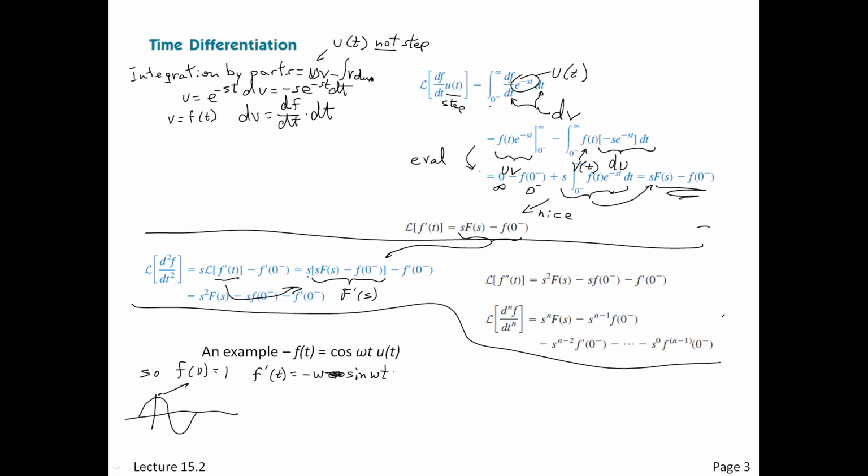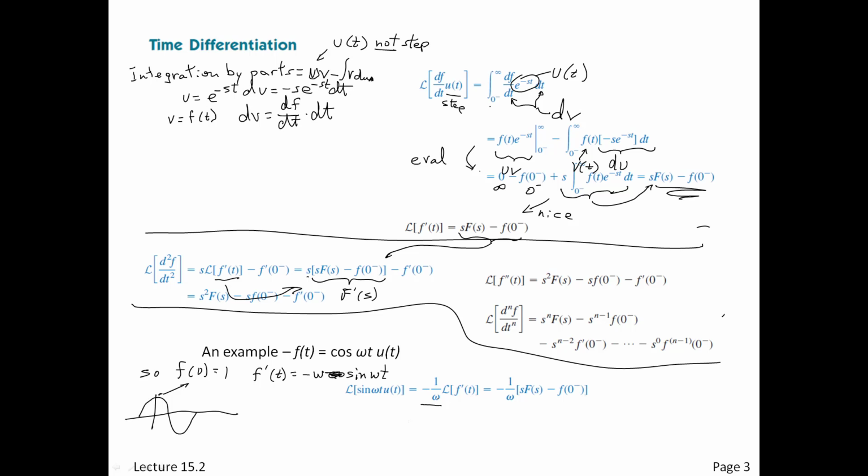So now what we're really achieving is, if we want the Laplace of the first derivative of cosine, we would be getting the Laplace of the sine. So here, the Laplace of the sine is minus 1 over omega times the Laplace.